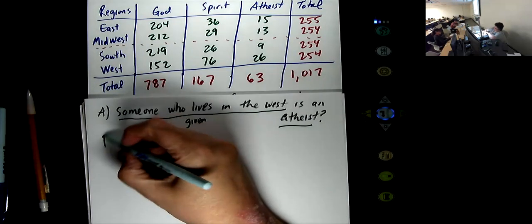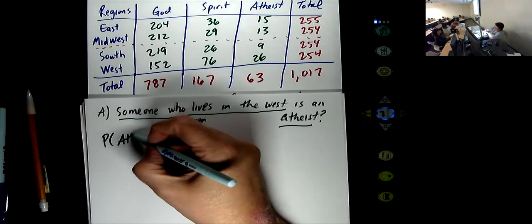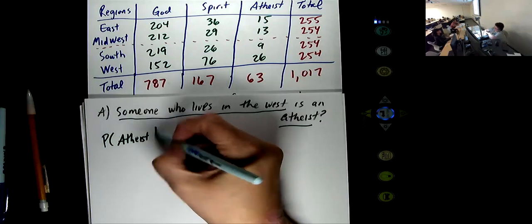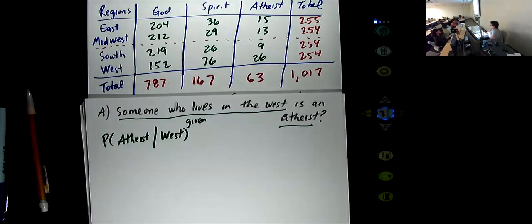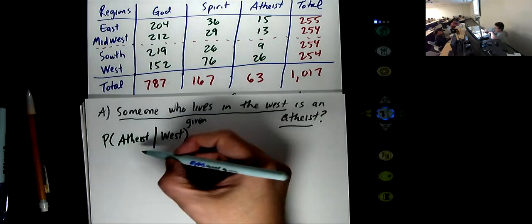So we are looking for the probability of an atheist, given that they live in the West. So this is like my F and E.